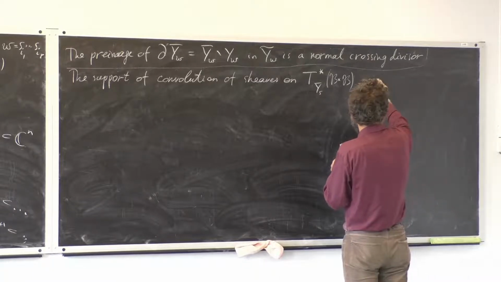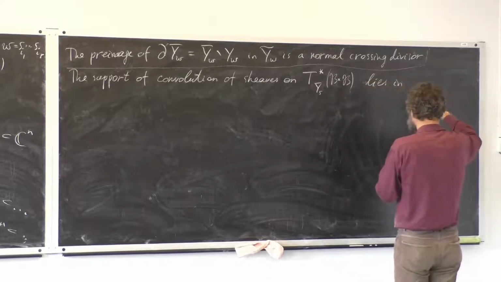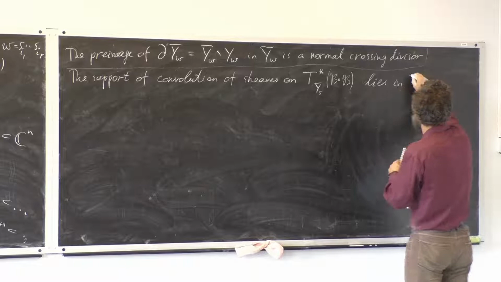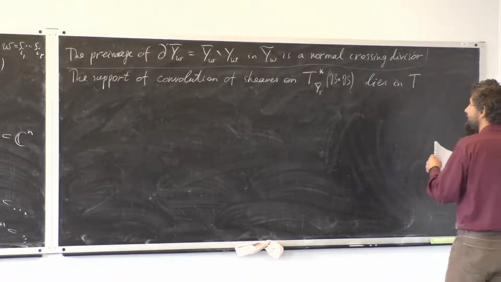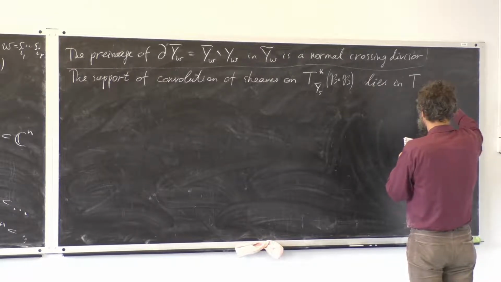Will lie in the intersection of the corresponding things in the conormal, in the cotangent bundle.